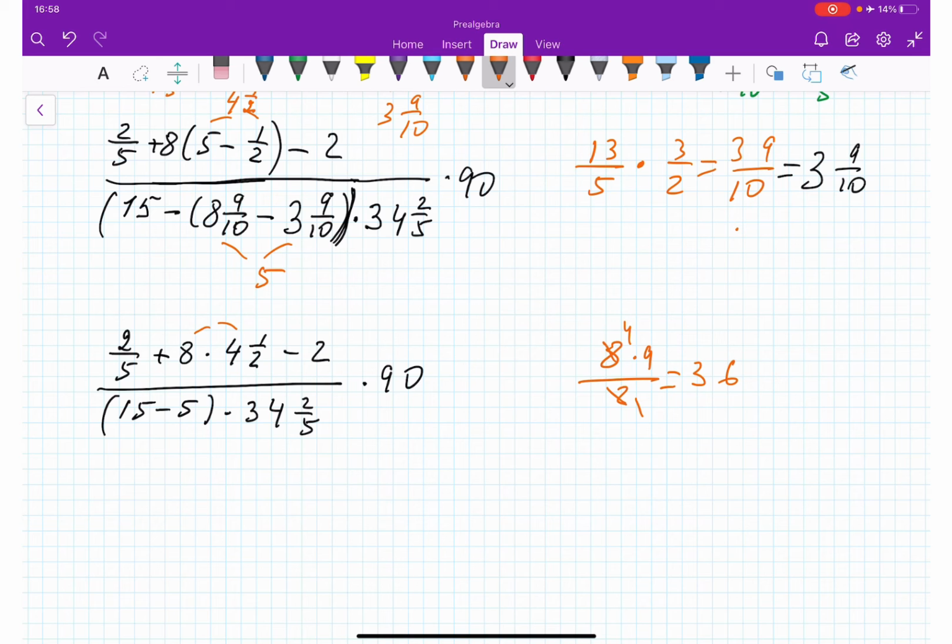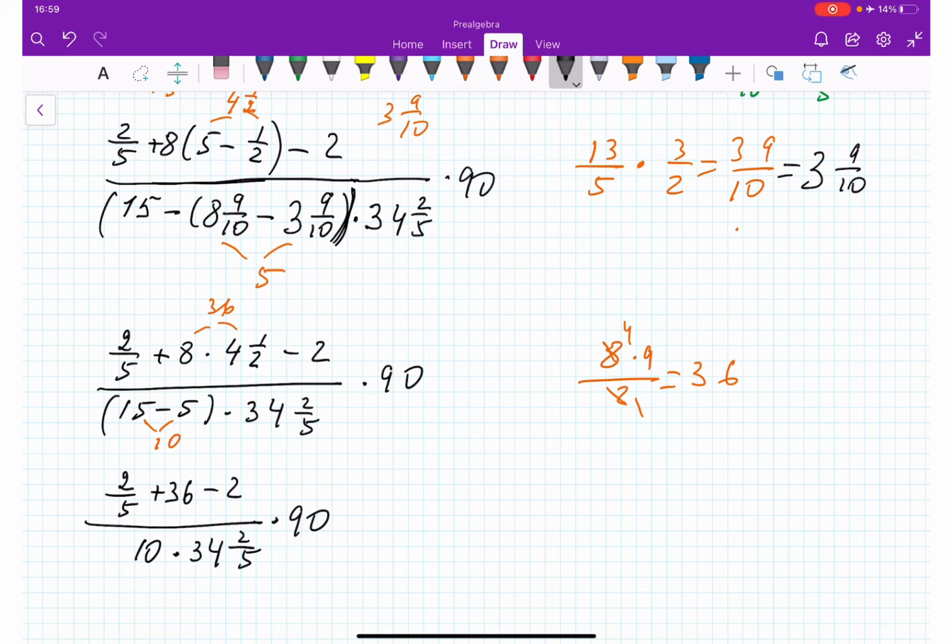So I'm getting 2/5 plus 36 and minus 2. Here I'm getting 15 times, let me write down here, we got 36. Here we are getting how much? 10, right? So we are getting 10 times 34 and 2/5 and times 90.